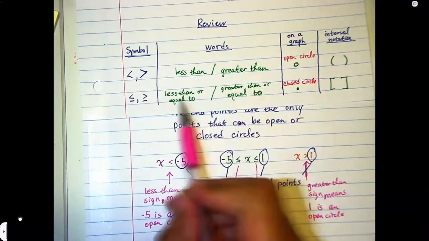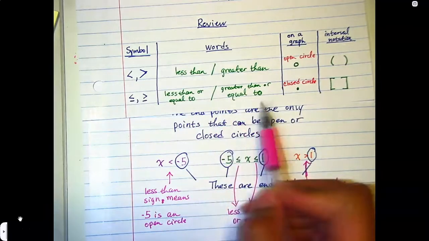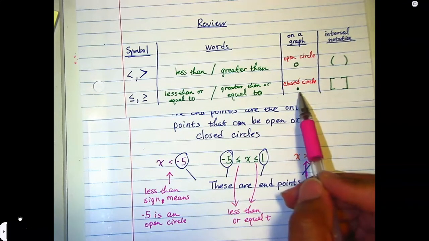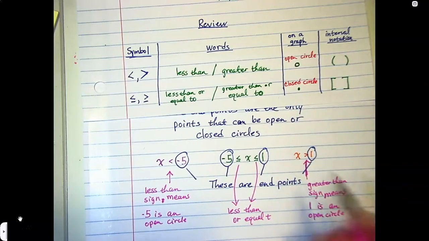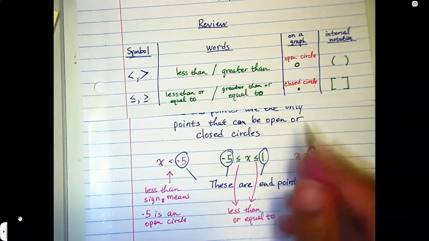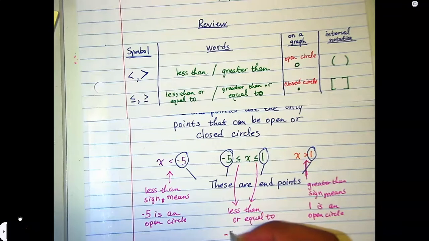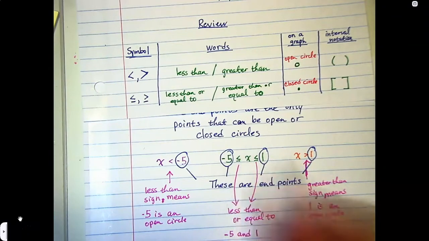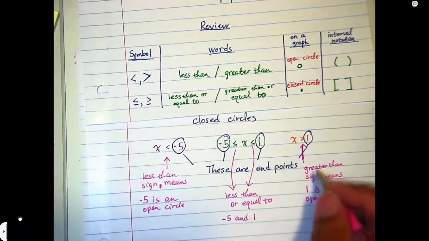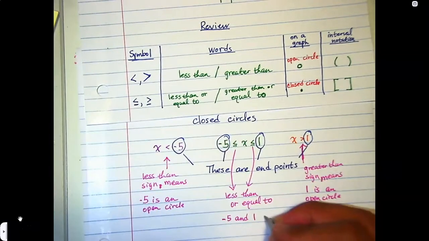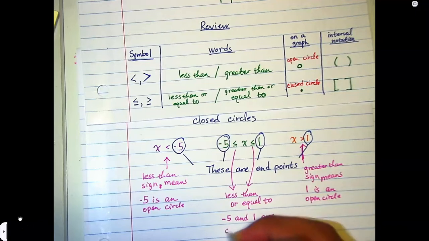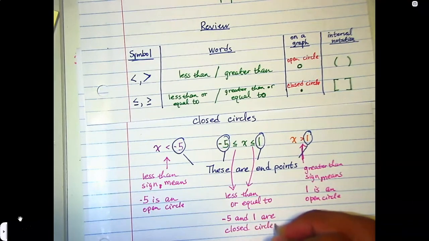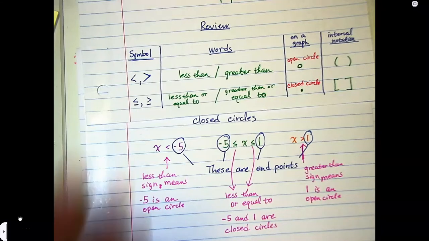As we said, less than or equal to and greater than or equal to are closed circles. So -5 and 1 on the middle table are closed circles.